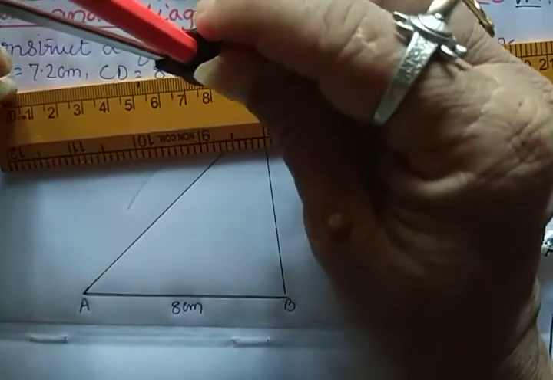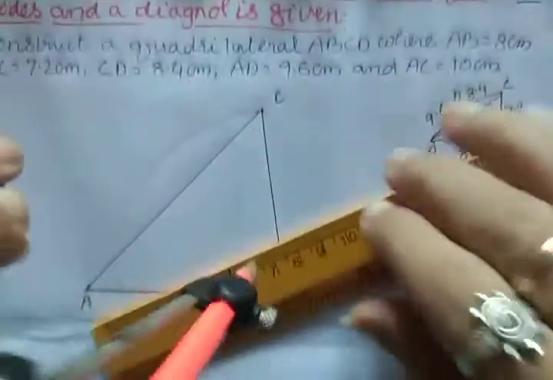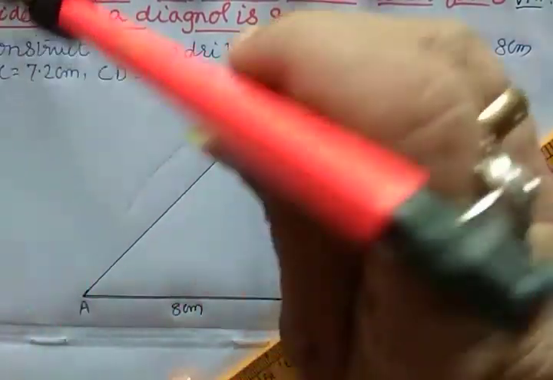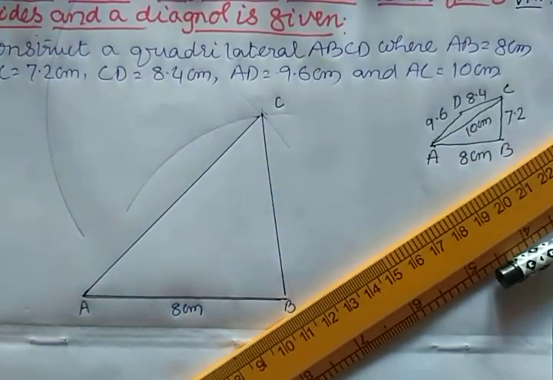So I take the measure of 8.4, and from here I take one arc of 8.4.